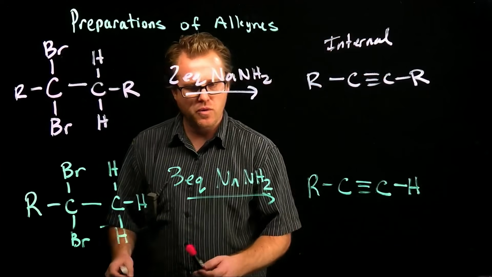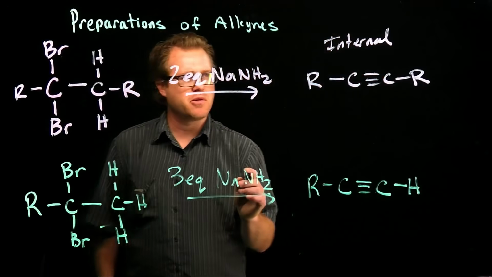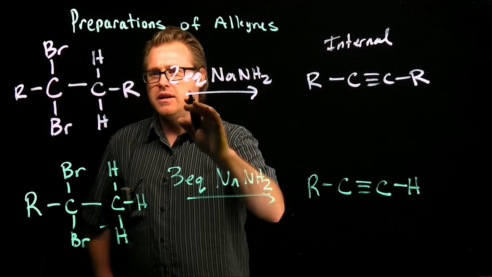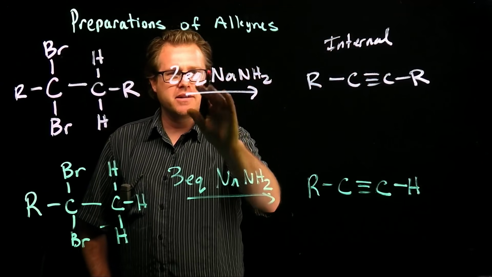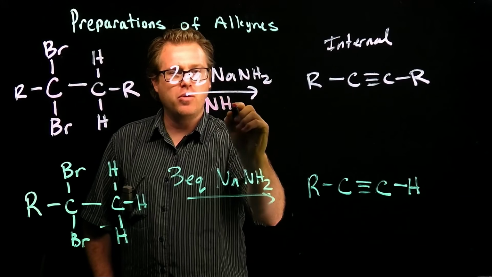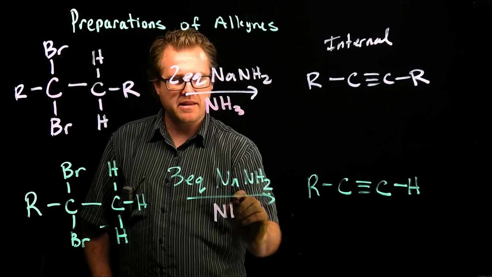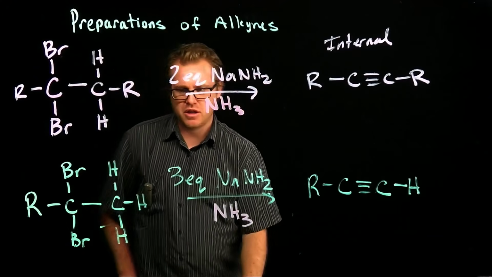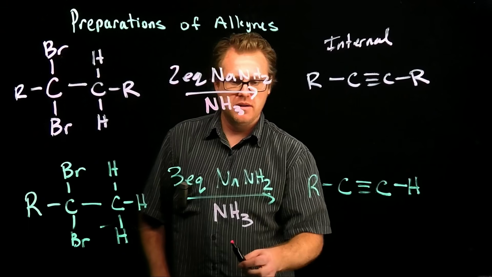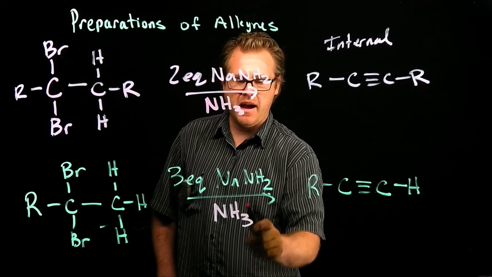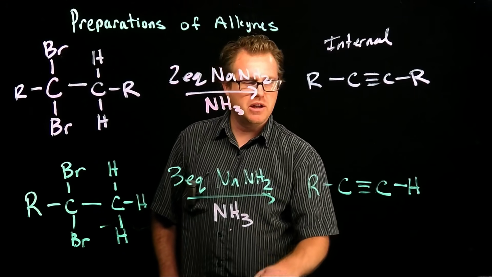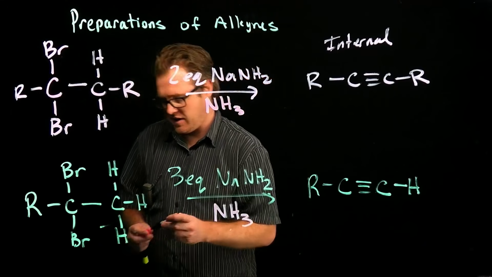Before we get into why we need 3 equivalents, I want to make sure we understand the reagents here. The standard protocol here is sodium amide in ammonia. So we've got to add that other piece to the reaction scheme here. So we have sodium amide in ammonia to get this reaction to proceed.